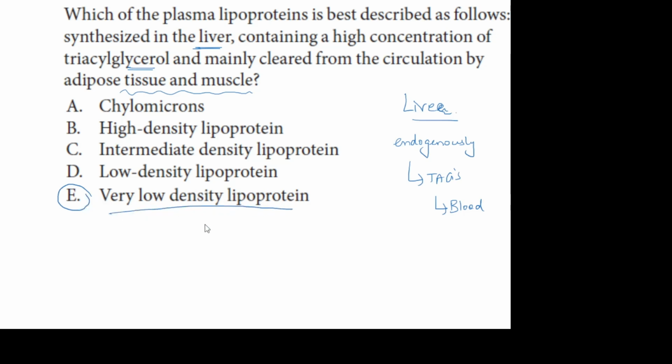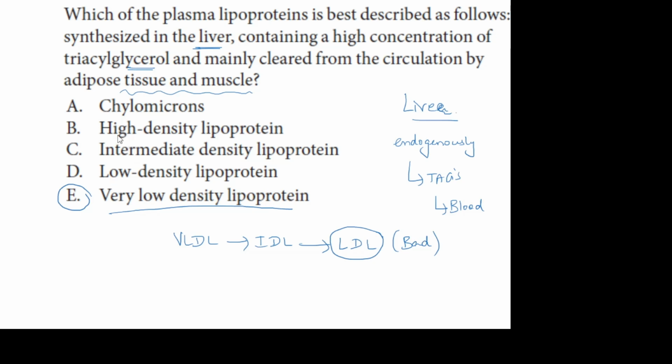This VLDL is important because once it gets metabolized, it gets broken down into IDL, or the intermediate density lipoprotein, which on further degradation gives LDL, or the low density lipoprotein, which is the bad cholesterol which we saw. It goes and deposits cholesterol in all the tissues, which causes serious deleterious consequences.